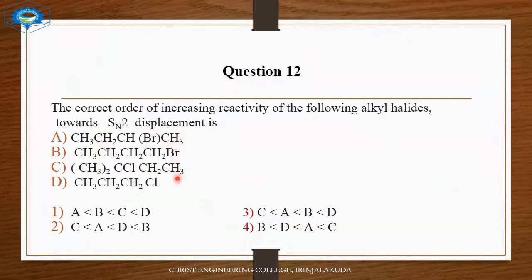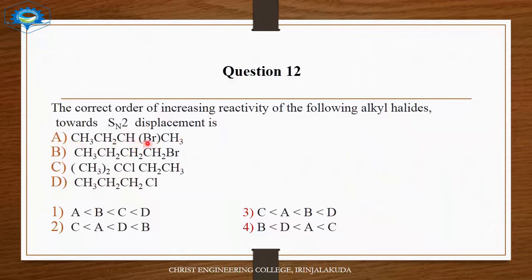This is towards SN2 reaction. So first check which category this alkyl halide belongs to. When one halogen is removed, it will lead to carbocation formation.